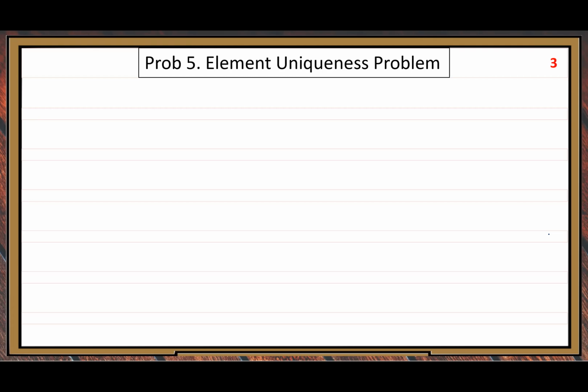I mentioned duplicate elements in our discussion of the previous problem, problem number 4. Here we look at uniqueness, or duplicate elements, the opposite of uniqueness, in problem number 5.